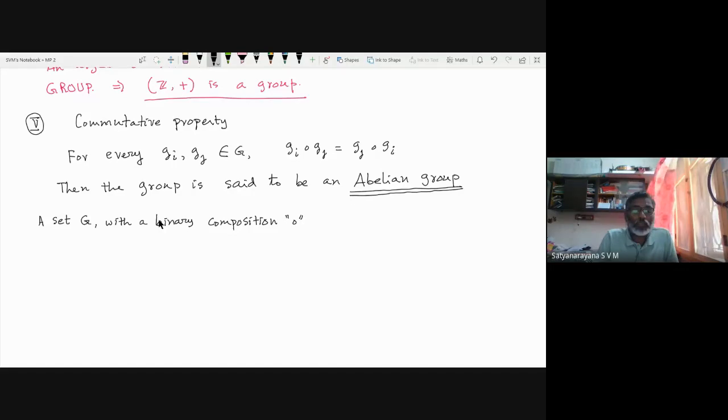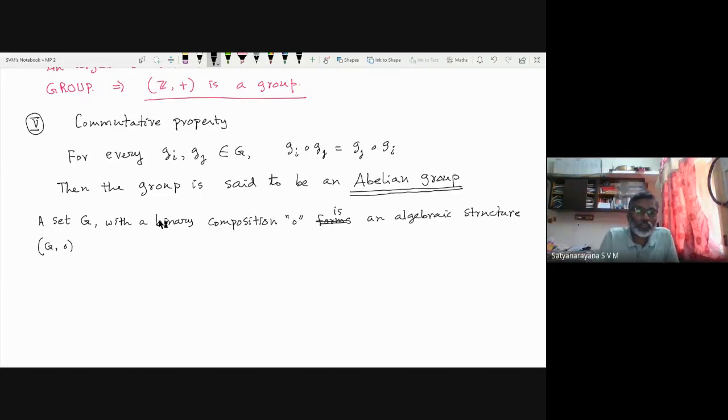A set G with a binary composition is an algebraic structure. Algebraic structure is a very general name, which I denote as G comma O. It's not that it forms, it is just denoted. Maybe I should not say it forms. Is an algebraic structure, GO.